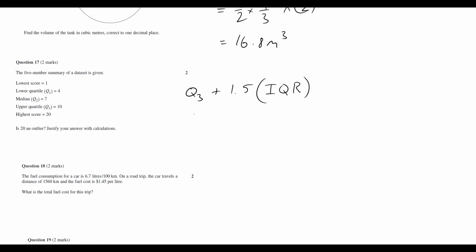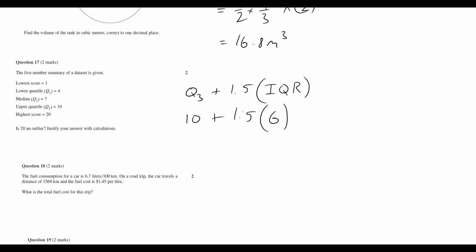If we were looking for a lower outlier, for example, if we were asked if 1 is an outlier, then we would be testing for lower limits. So we would use Q1 minus 1.5 IQR. All right, so Q3 is equal to 10. Then we have plus 1.5, and the IQR is Q3 minus Q1, so 10 minus 4, so we've just got a 6 in there.